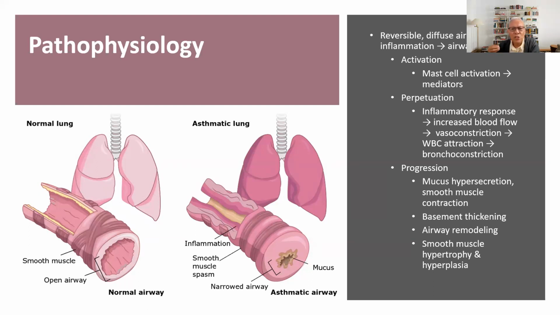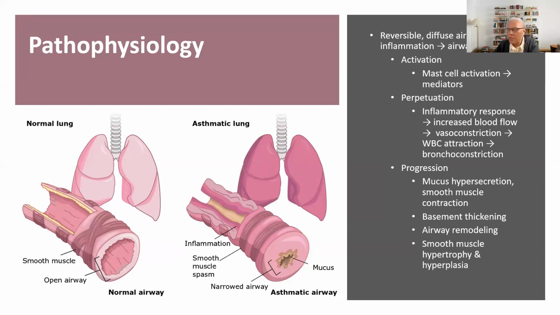This is a result of activation of mediators from the mast cells that contract the airway. And of course, as the asthma becomes more persistent, this is now the third stage, the progression stage: the inflammation progresses and other factors may also increase the airflow limitation.